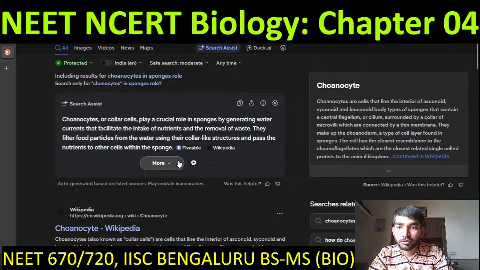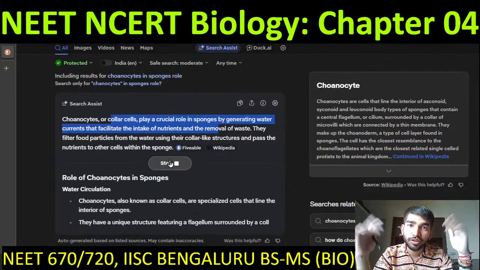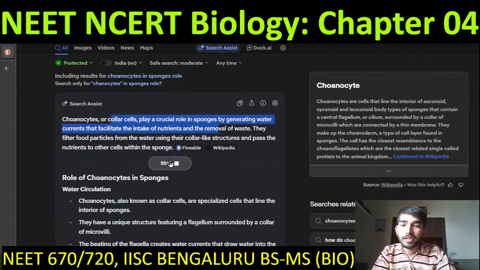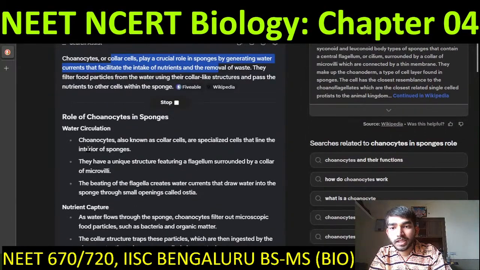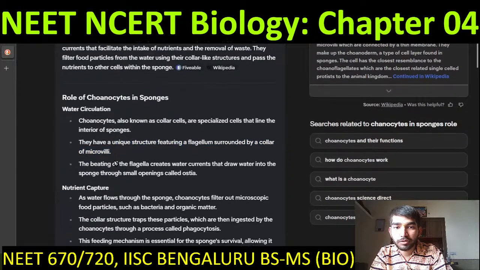Choanocytes are the collar cells. They play a crucial role in sponges by generating water currents that facilitate the intake of nutrients and removal of waste. They have flagella, which beat to bring in the water and remove the waste. They are specialized cells that line the interior of sponges, with a unique structure featuring a flagellum surrounded by a collar of microvilli.